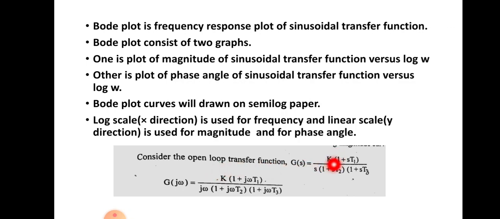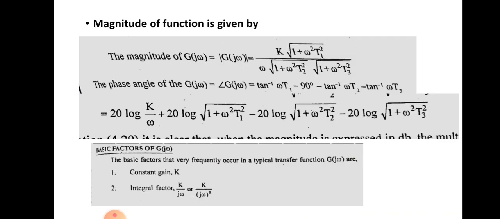You know that when there is an integral, and you take the s domain function or Laplace transform, it will become 1 by s, right? That is why it is called the integral factor.